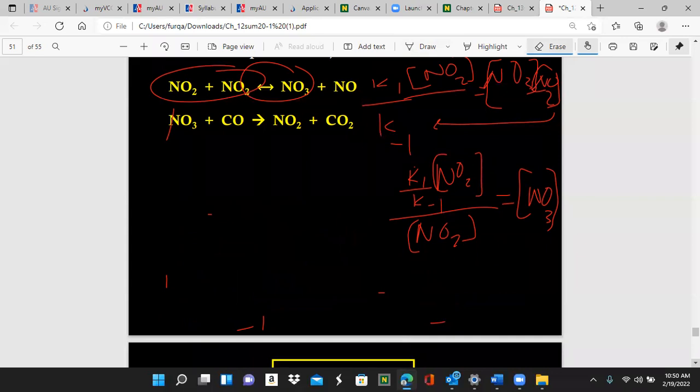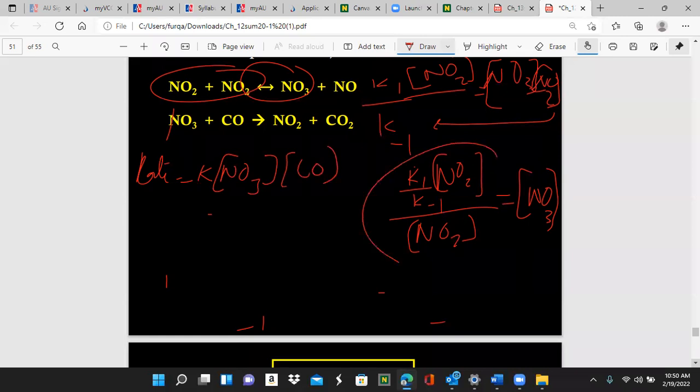When we write down the rate law, we know that rate equals K, and then NO3, and CO. We need to plug this in here. It means we are talking about the rate of K2 here, so that becomes K2, because now we are talking about the slow step. We have used the first step to get the value of NO3.